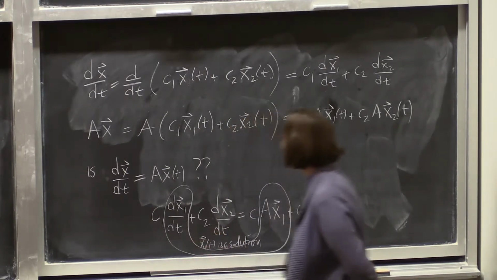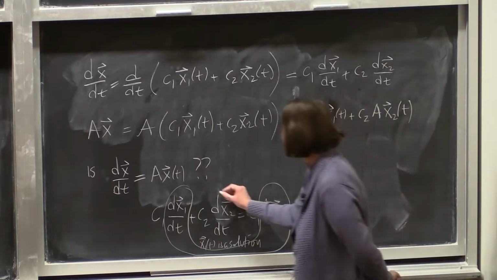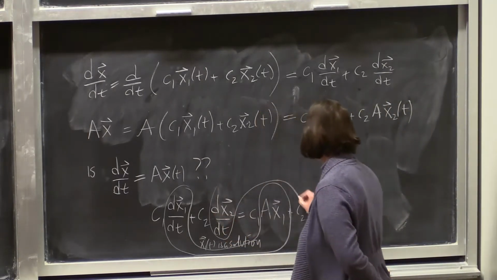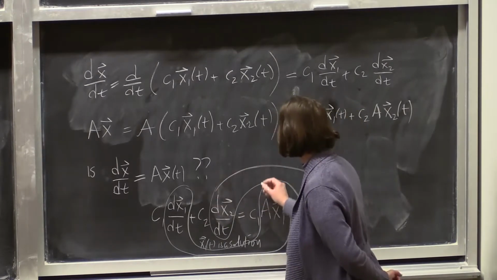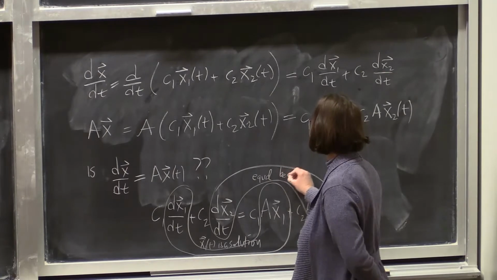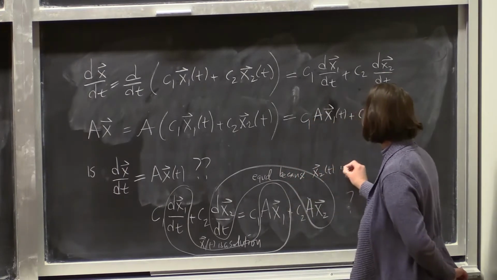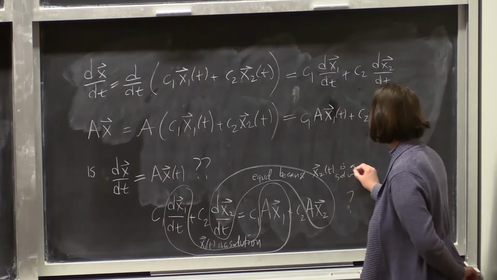And dx2/dt equals A times x2, because x2 of t is a solution.